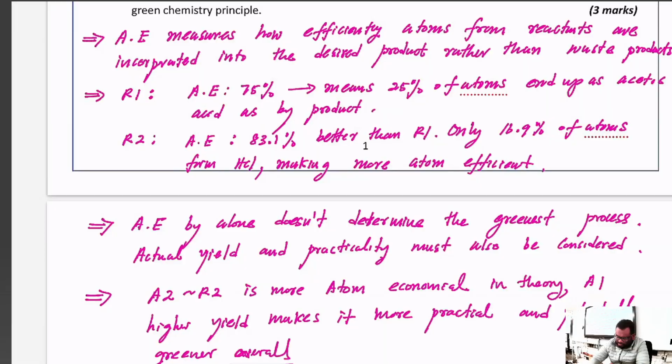Potentially greener overall, because atom economy matters but yield is also very important. So practicality wise, by looking at the numbers, A1 is greener.